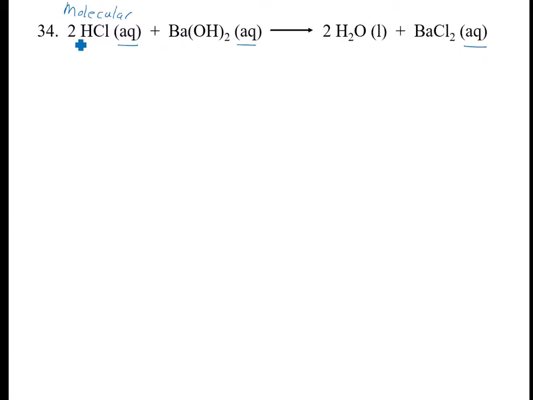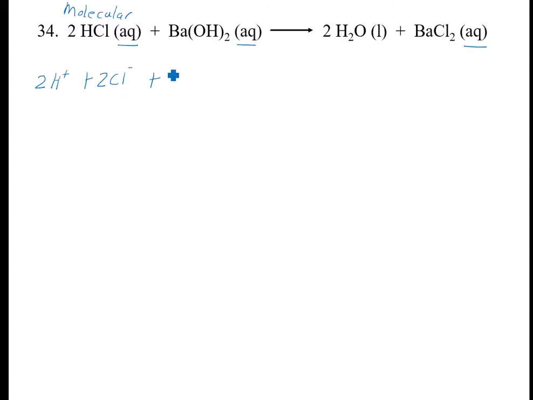Just like when I'm identifying how many species there are, I take the coefficient from the balanced reaction. So 2 times the 1, I have 2 hydrogens, and I put down the charge for that. I have 2 times 1 is 2 chlorides. I'm done with hydrochloric acid.